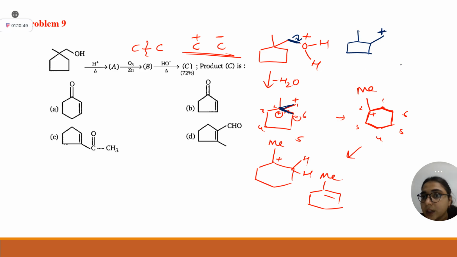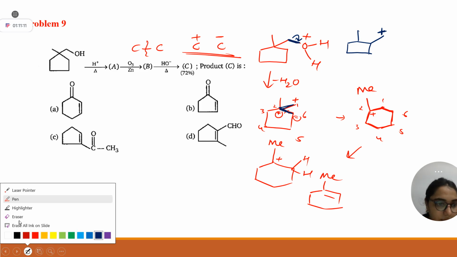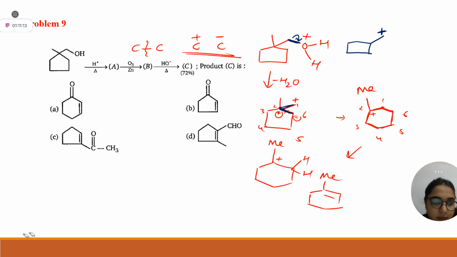Yes, ma'am. Now what will happen? It has two possibilities. Have I made a mistake somewhere? Actually, these were on the same carbon. Till this point, is it clear how I am forming this carbocation, student?